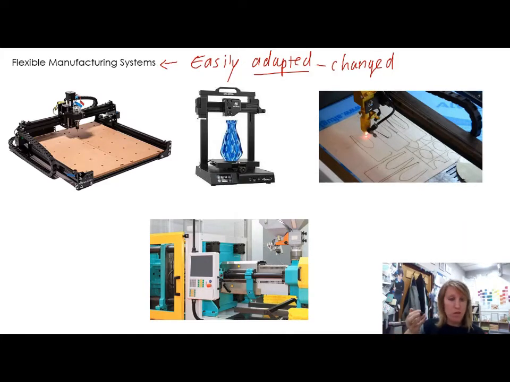For example, the user might suddenly want green t-shirts when before everyone wanted red. A flexible manufacturing system would be able to respond to that and change quickly. Some of these pieces of equipment here at the top are all good examples of FMS, flexible manufacturing systems.